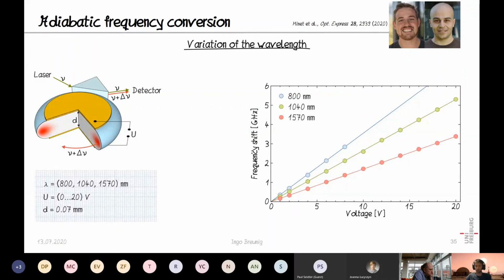You should be faster than the decay time of the cavity, but you should not be much faster than the round trip time. If you are faster than the round trip time, then you might generate sidebands. Then you are losing this condition of adiabatic tuning. In this case the output light cannot really follow the change of the cavity length anymore. And from this perspective, they call it adiabatic if you are, let's say, not too fast.